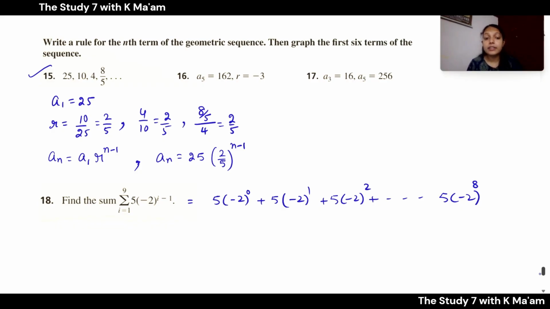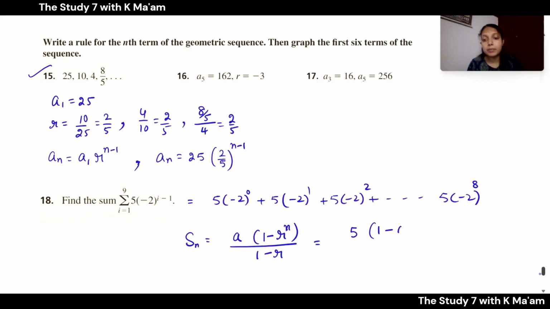Another way: it is a geometric sequence in which the first term is 5. The formula for the nth sum in a geometric sequence is first term times 1 minus common ratio to the power n, over 1 minus common ratio. The first term is 5.